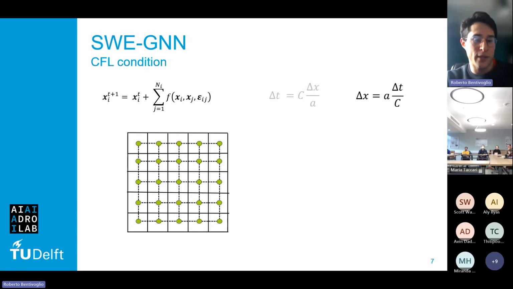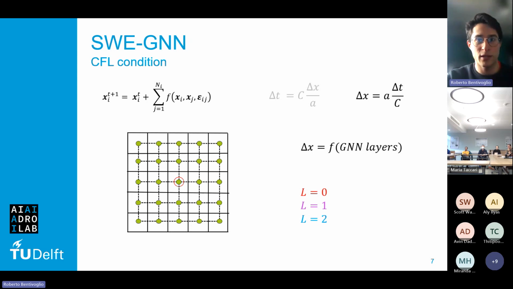And this in numerical methods would result in increasing the size of the mesh, because there's no way that you can increase the space without just changing the size of the mesh. In the case of graph neural networks, we can avoid changing the size of the mesh by just stacking multiple graph neural network layers. And let me show you how. Assuming you don't have any graph neural network, then you're just doing node-wise functions.